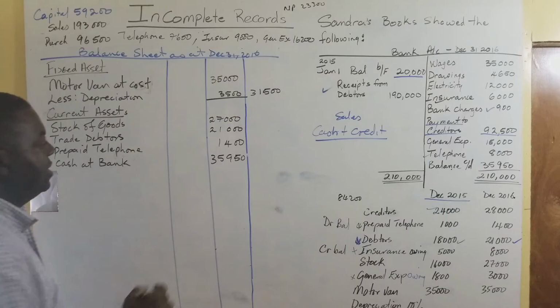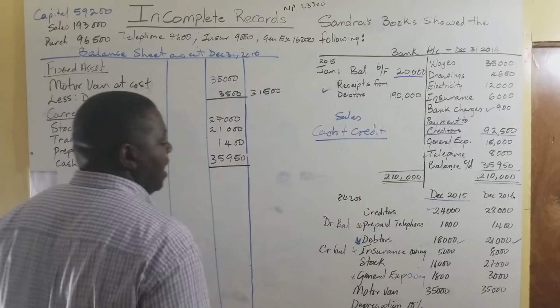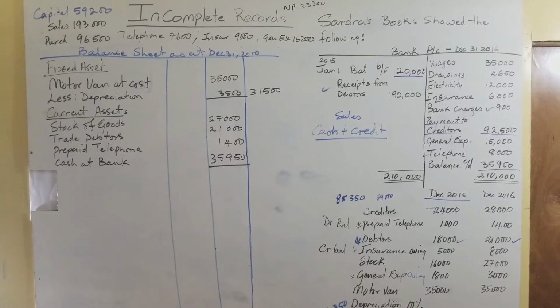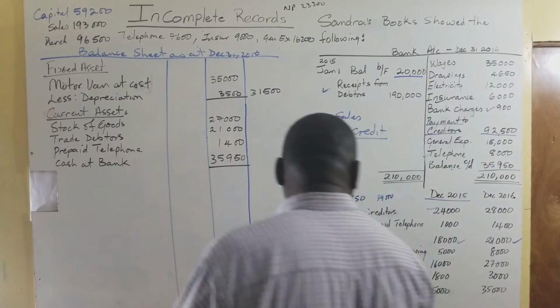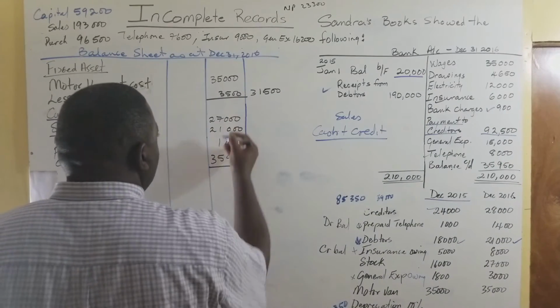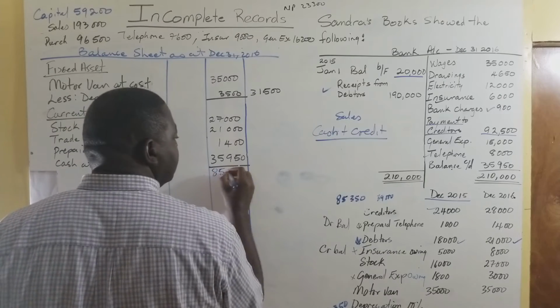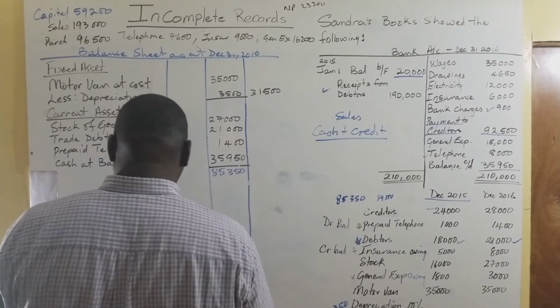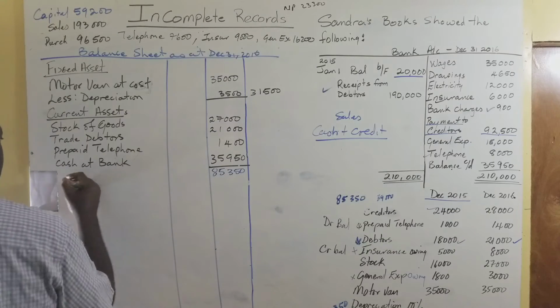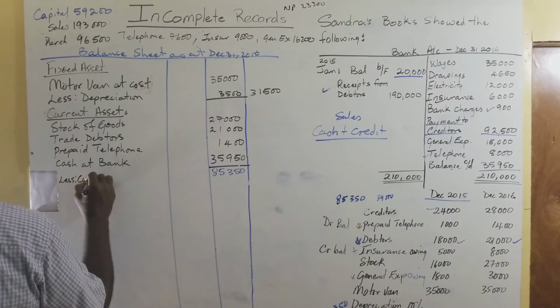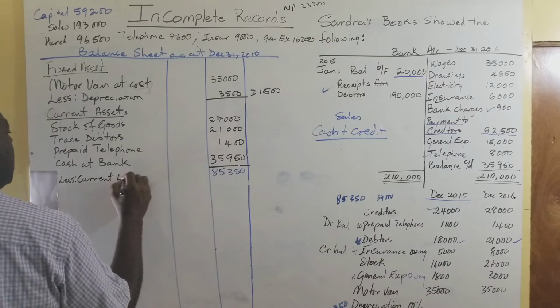Our next step is to total these and then deal with the current liability. So the total of this figure would be 85,350. We will now enter the current, so we're going to less the current liability.